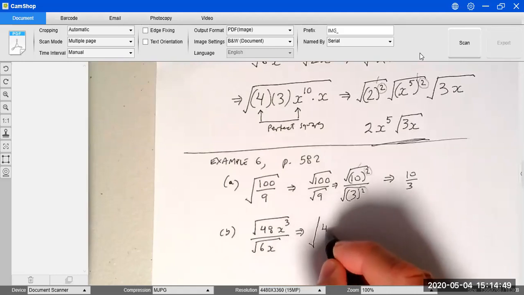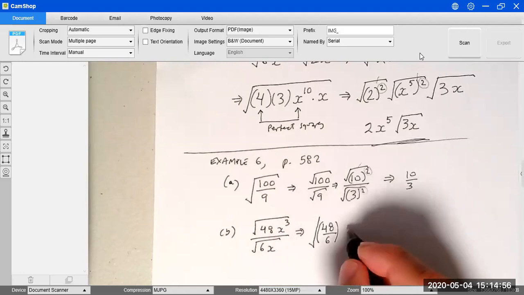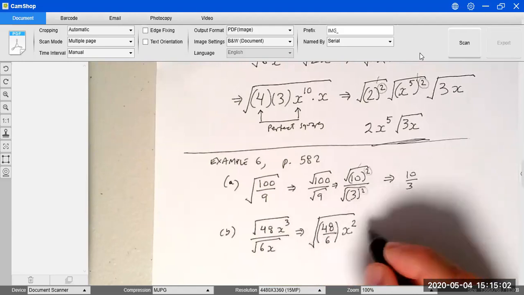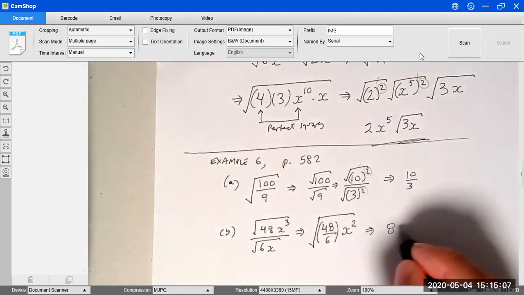So I'm going to get 48 over 6. That's the division of the coefficients, and then I have x cubed over x, which is going to be x squared, and 48 over 6 is going to be 8. So we have the square root of 8x squared.